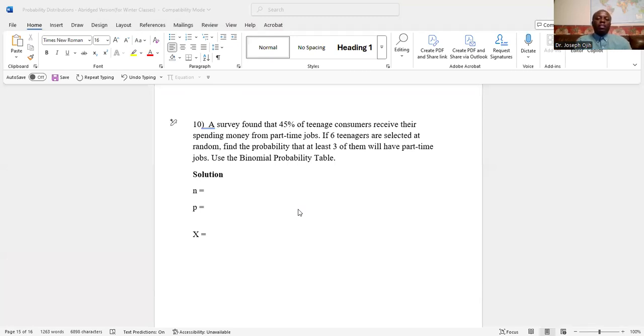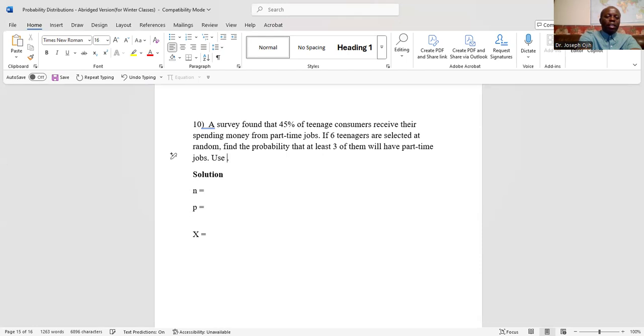If 6 teenagers are selected at random, find the probability that at least 3 of them will have part-time jobs. We're gonna use Excel to save us time.